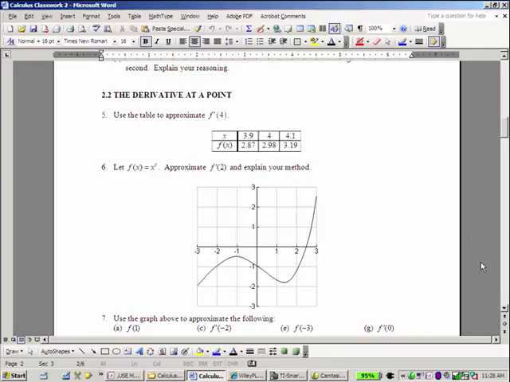So can I ask, as we look at it, I'm not asking for the answer, but if we looked at 5 for this table, and I asked you to approximate the derivative, see that new notation, at 4, could you use a table to do that?